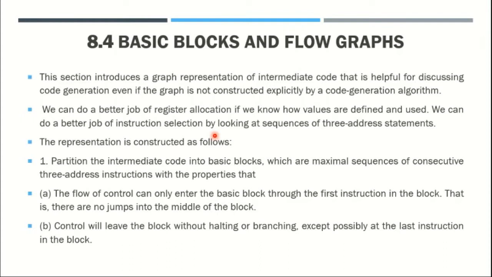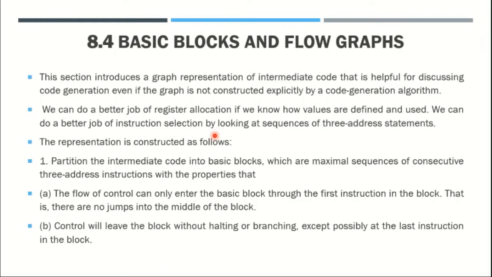While constructing the flow graphs, we can easily know the process of register allocation, where particular values can be defined and how those values can be used, by the help of flow graphs and also by using the selected instructions.